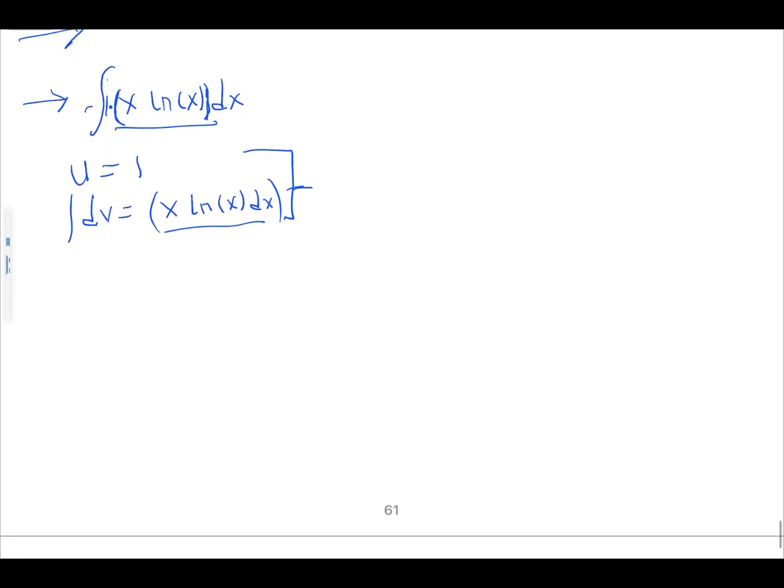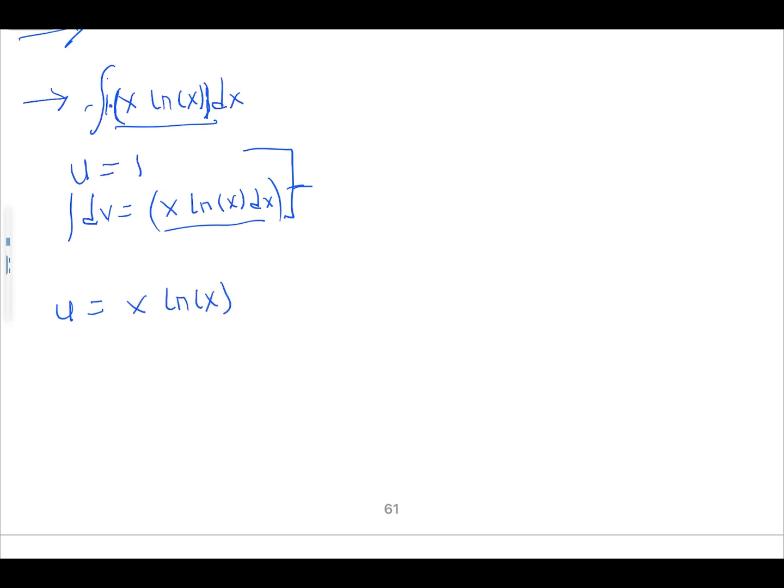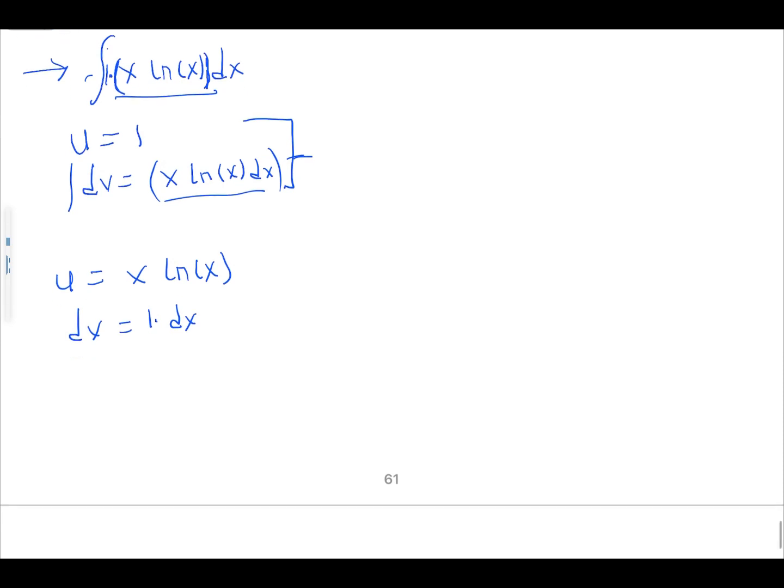Let's see something here. The second one that we want to consider is to make your u equal to x ln x, and then your dv equal to 1 dx, which is the same as dv equal to dx.